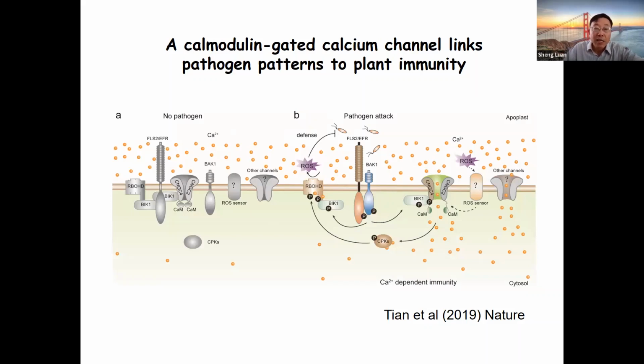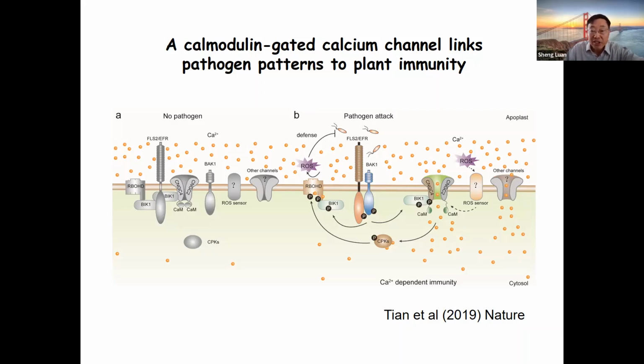So we have known for a long time that in response to pathogenic bacteria, plant cells need calcium as a signal messenger. Okay, so if you block calcium entry with calcium channel blockers, or just remove external calcium, then the immune response cannot happen, right?